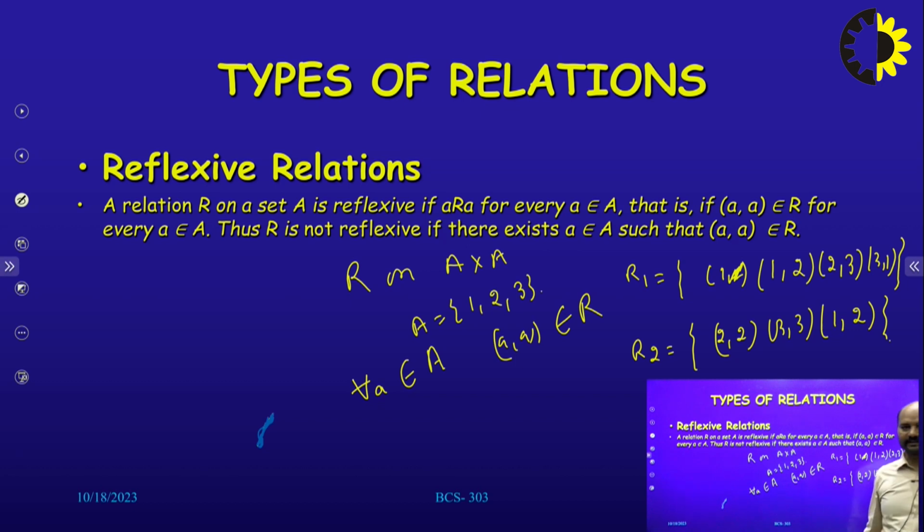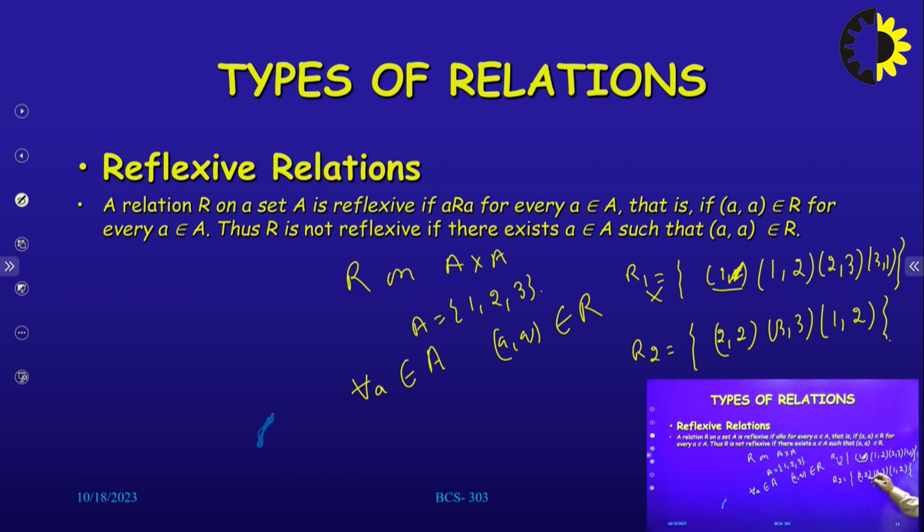So the ordered pairs (1,1), (2,2) and (3,3) must all be present in the relation. In R1, (1,1) is present, but (2,2) is not present, so this relation is not reflexive.